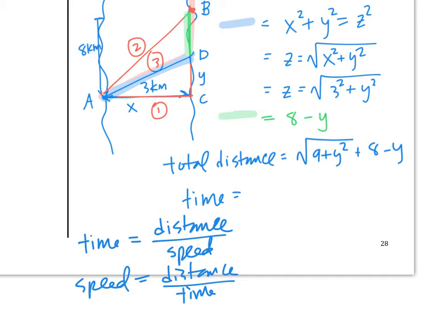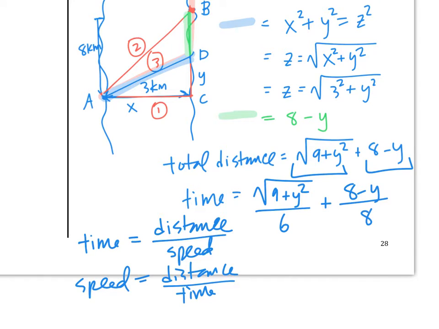So time is distance divided by speed. We have the distance for each part. How fast does he row? 6 kilometers per hour. So this is distance divided by 6 kilometers per hour. And then how fast does he run? 8. So 8 minus y over 8. Okay, so this is the time.